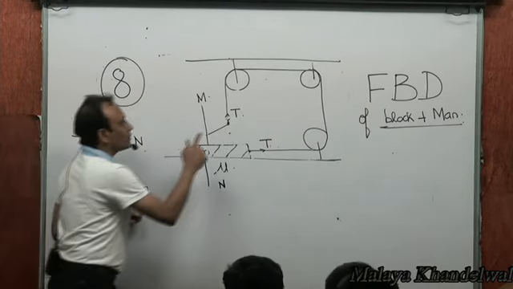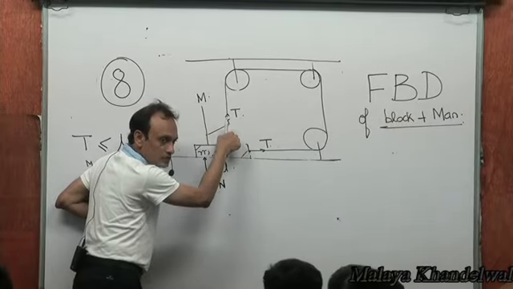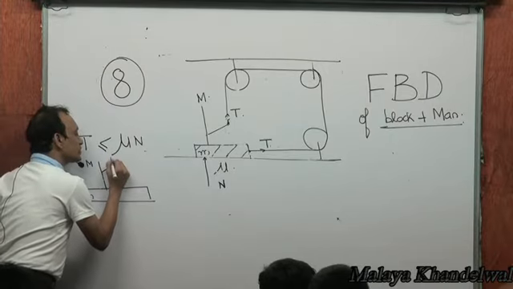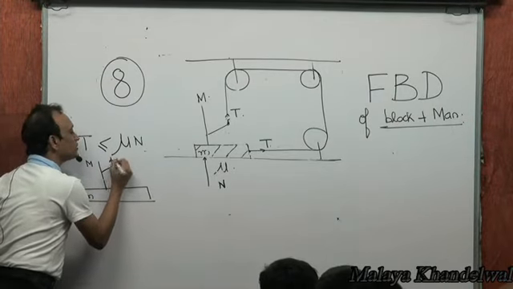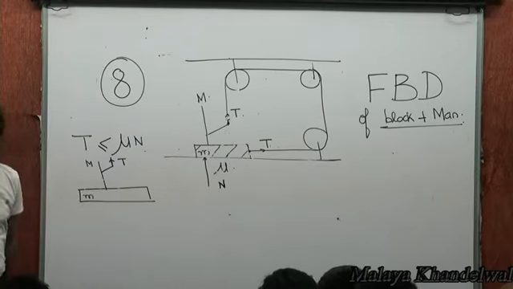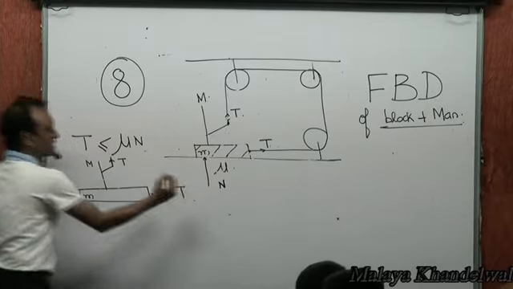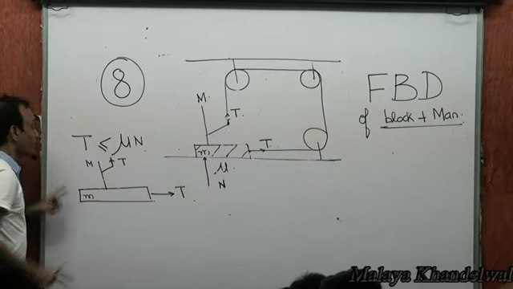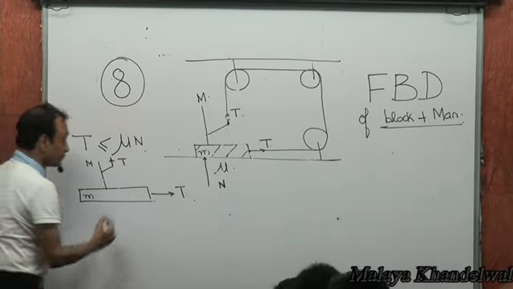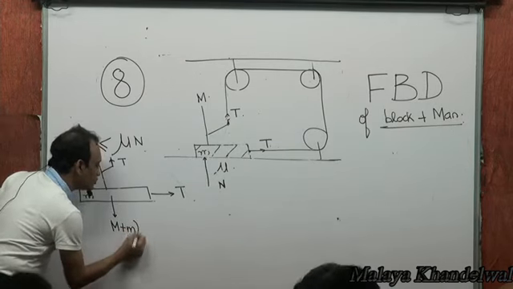Now, the force that the man exerts on the rope downwards is the force that the rope exerts on the man upwards. So there is this T that the rope exerts on the man, an external force, right? There is this T on the board plus man, which is external. Then there is Mother Earth acting downwards, their weights, which is capital M plus small m into g.